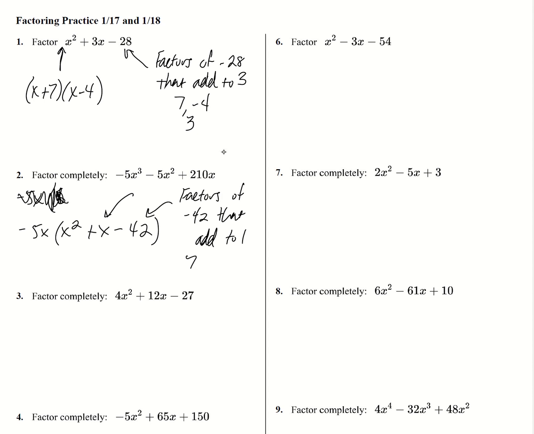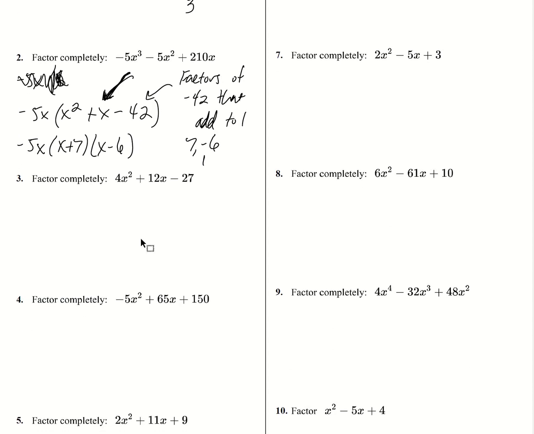In this one, it's 7 and negative 6. 7 times negative 6 is negative 42. 7 minus 6 is 1. So we can factor this further and say negative 5x times x plus 7, quantity x minus 6. Sometimes you can't factor this expression further. In that case, you would leave it as is, but here we could.